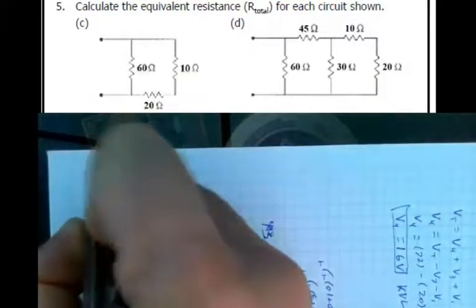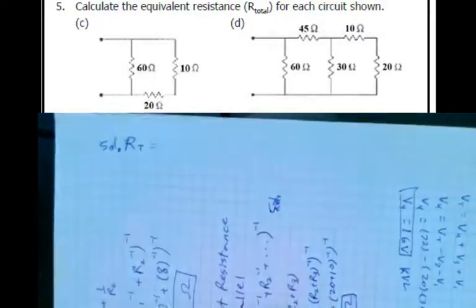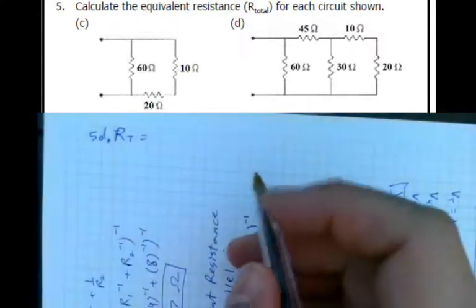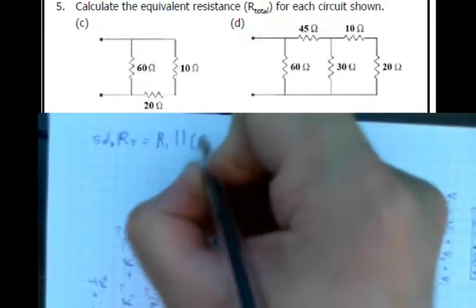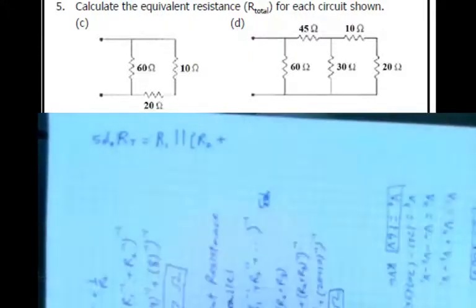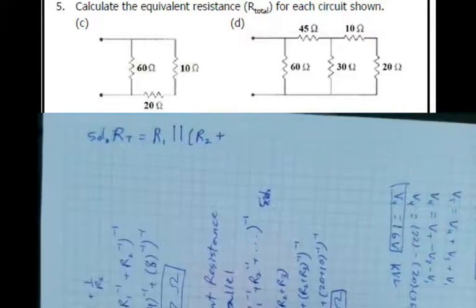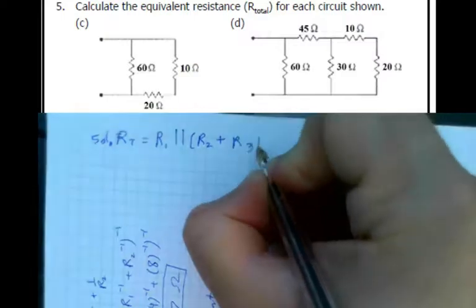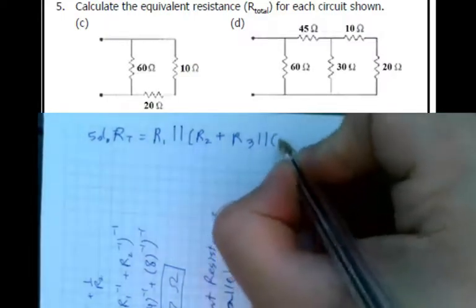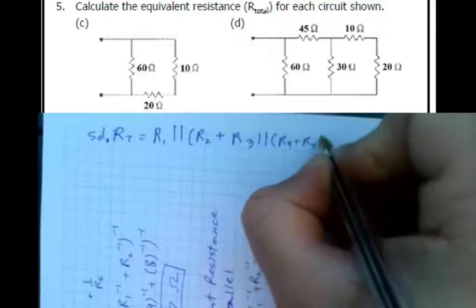So 5D is RT equals, and we start with R1 parallel added to bracket R2 plus, that's a series addition to R3, which is parallel added to R4 plus R5.